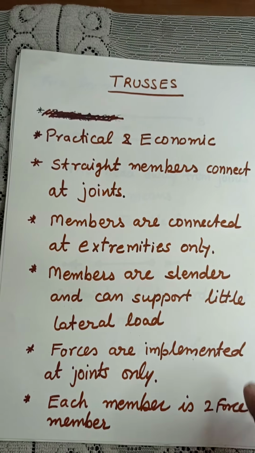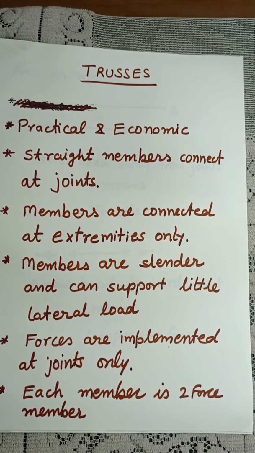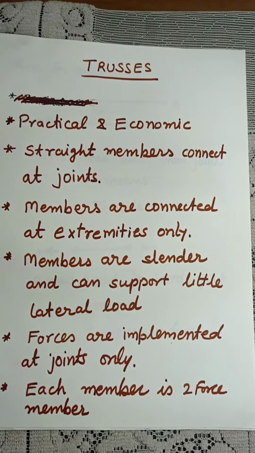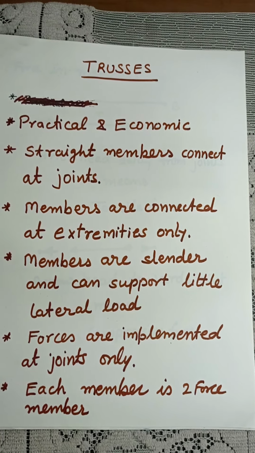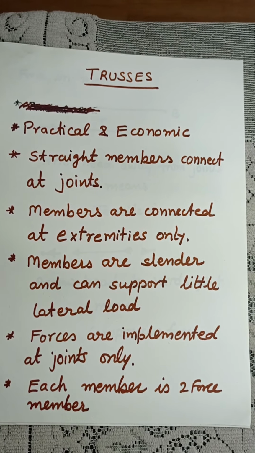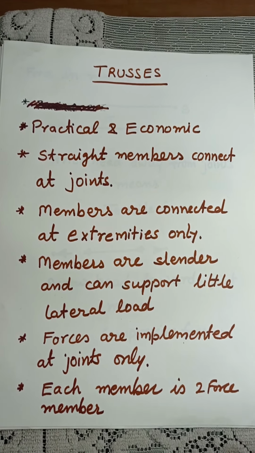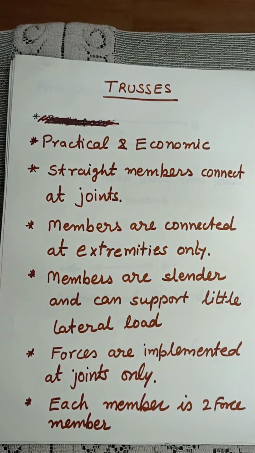So forces are applied at joints, and each member of the truss is a two-force member. That means every member we consider is in equilibrium because of the application of two forces. There is no couple, no moment. So members can have either tensile force or compressive force, and they can transfer the force.